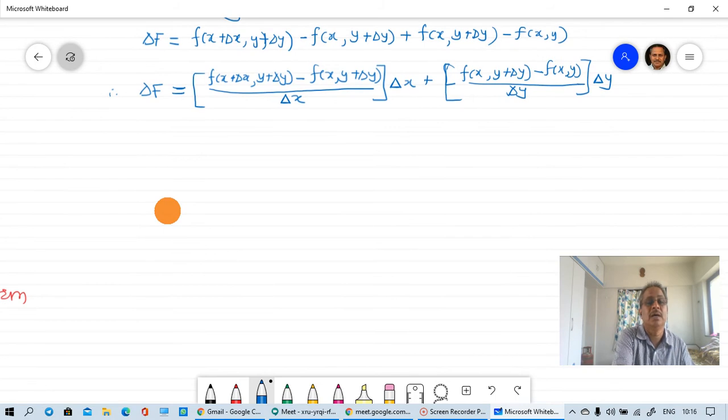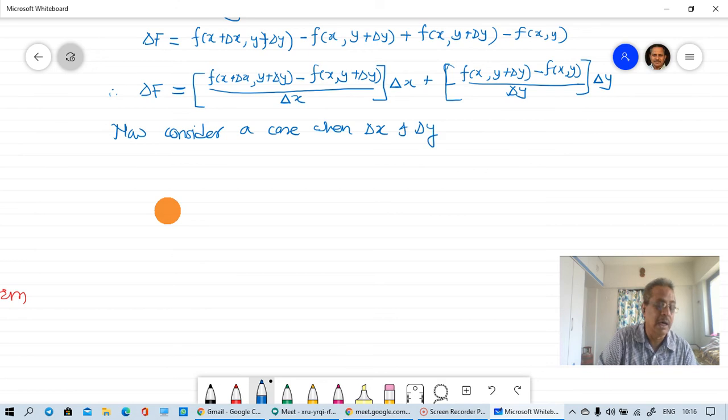Okay, once we get familiar with this board, how to operate this will become simpler. Now let's write one statement. Consider a case when this delta x and delta y are made extremely small.